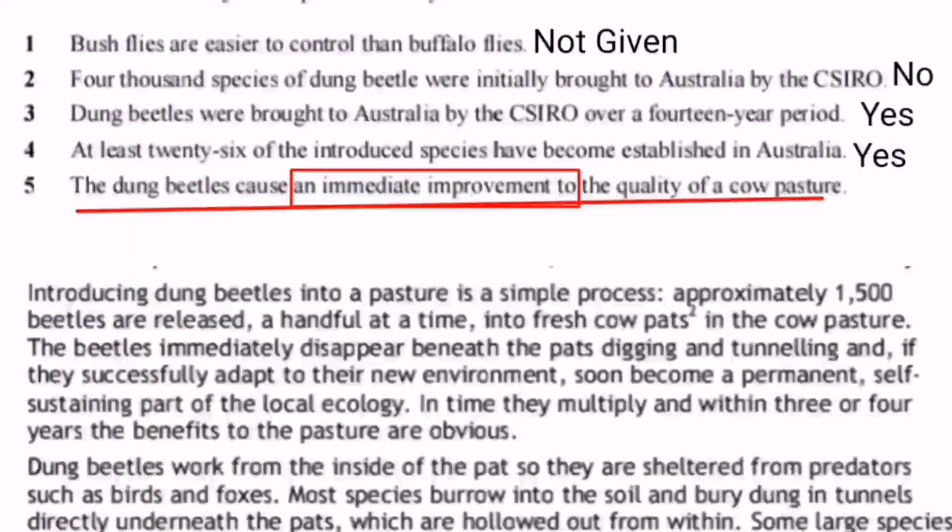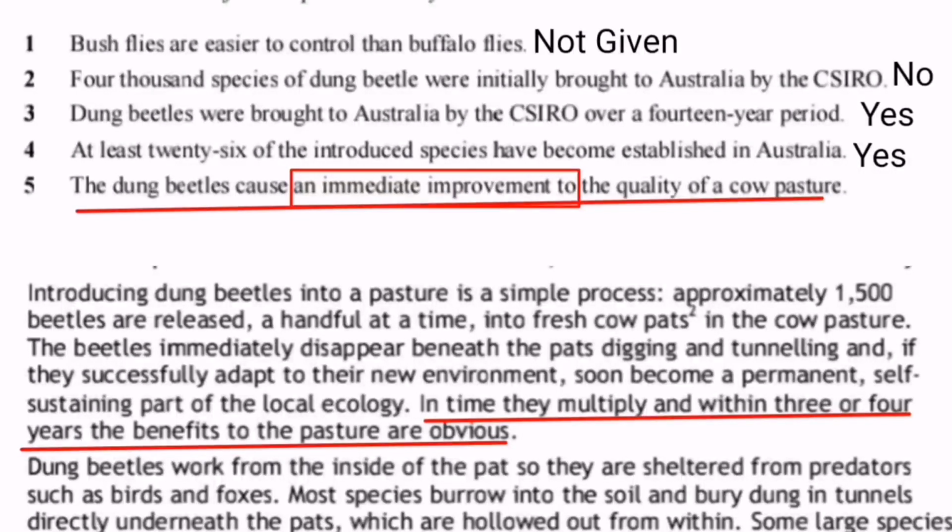The beetles immediately disappear beneath the pads, digging and tunneling, and if they successfully adapt to their new environment, soon become a permanent, self-sustaining part of the local ecology. In time, they multiply. It means that they started breeding, and within 3 or 4 years, the benefits to the cow pasture are obvious.